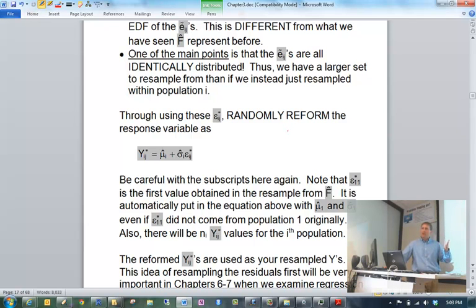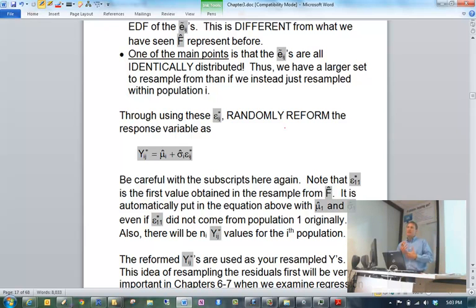If we were taking resamples within our original populations, when you have n2 equal to 2, think about how discrete things are going to be and how that might cause problems. Here we have a larger set of things that we can resample from.